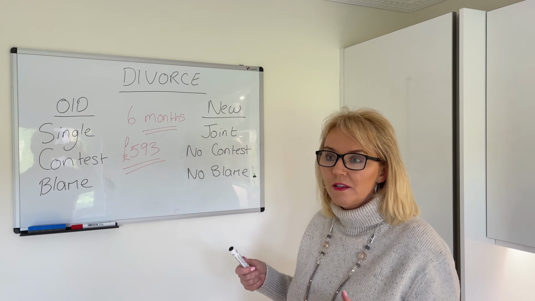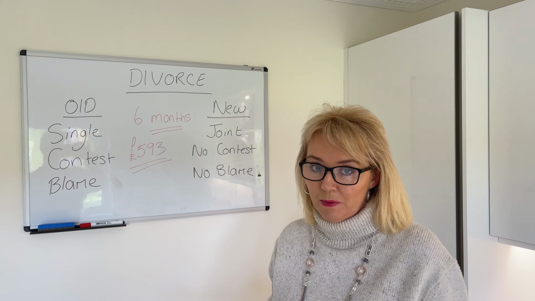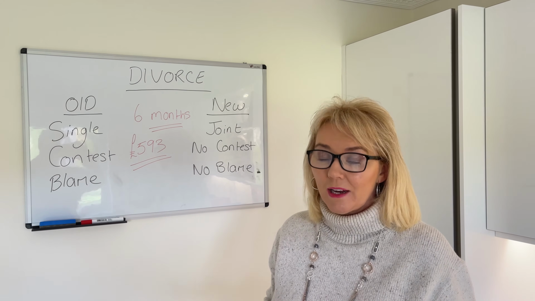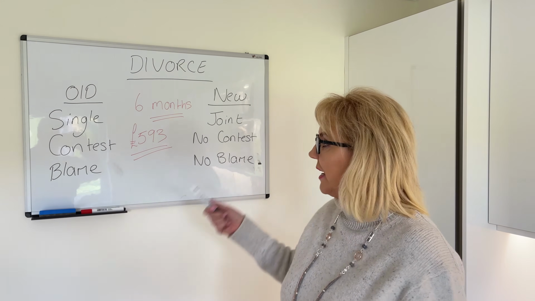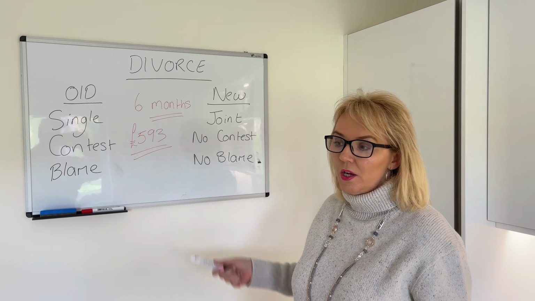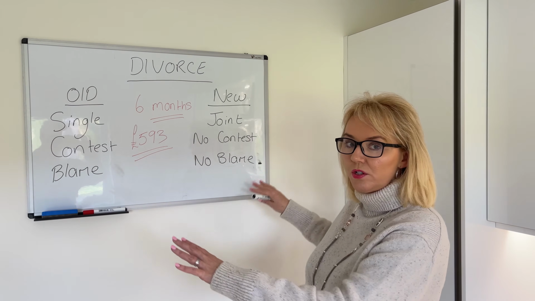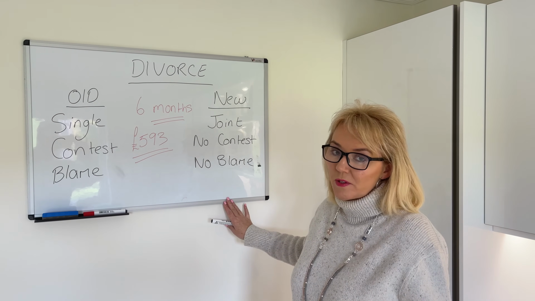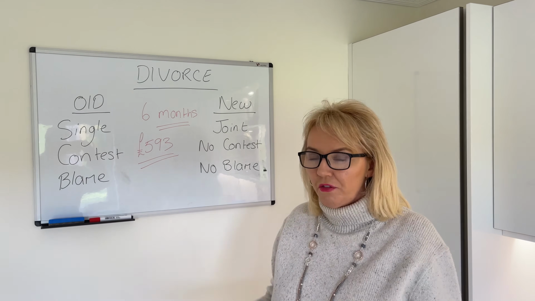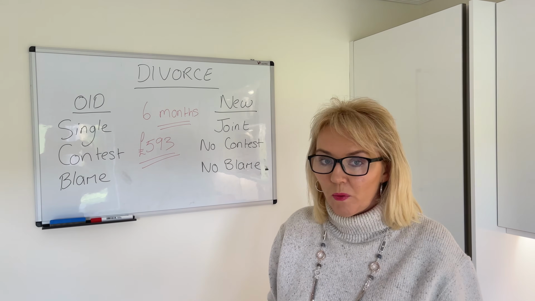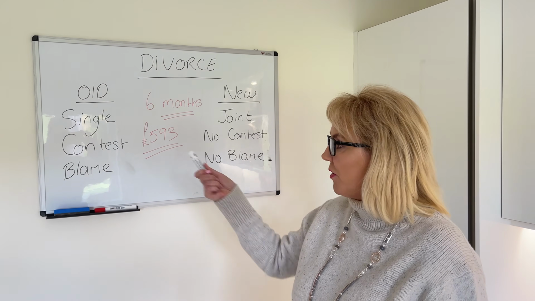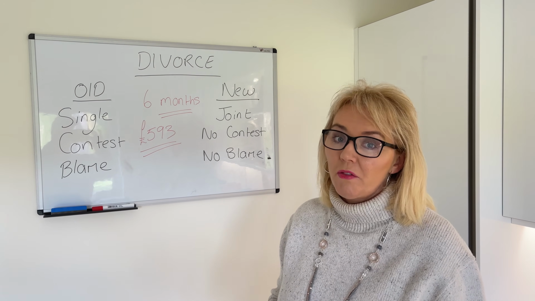You know, what's in the best interest of any children that might be involved? And will it impact on the financial settlement if you wait to the 6th of April? So if it's just divorce, perhaps you might want to wait until the 6th of April. But if there's more things that need to be dealt with, like children and finances, then you might want to start it now rather than waiting.